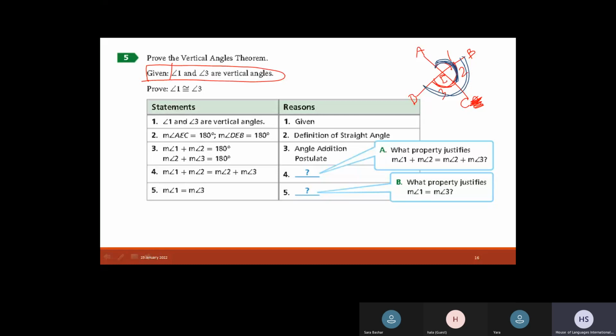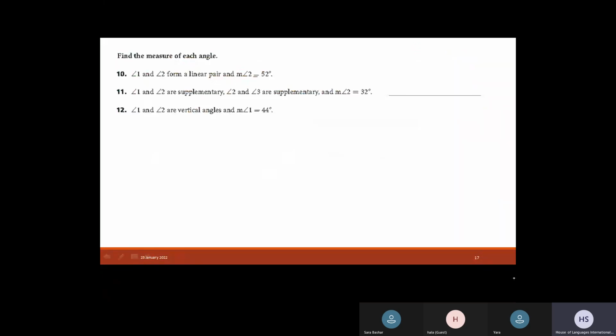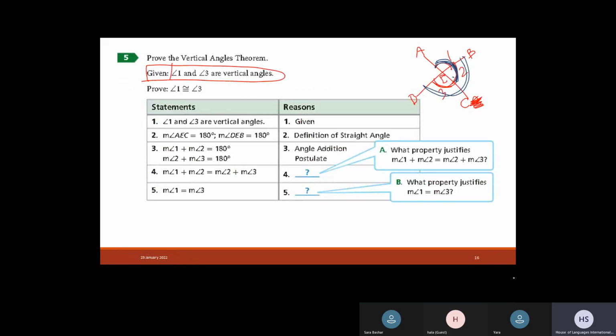Continue. And measure 1 plus measure 2 equals measure 2 plus measure 3. Bravo. Why? Transitive property. Thank you.